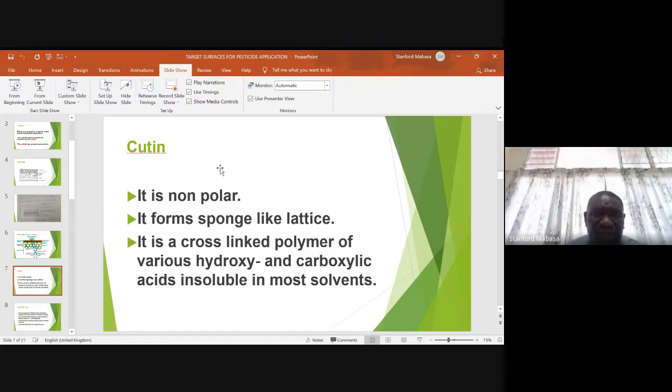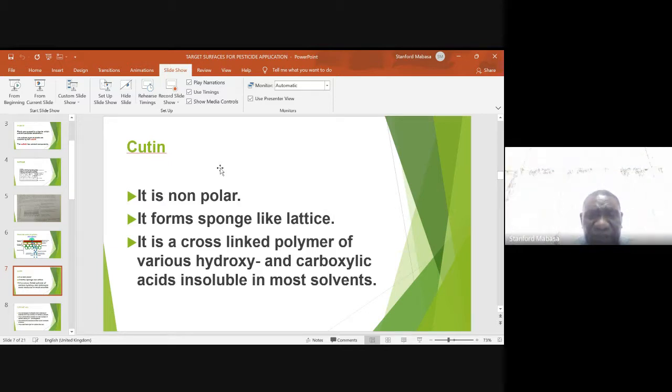It's also a covering. It is a cross-linked polymer of various hydroxy and carboxylic acids, insoluble in most solvents. So for a pesticide to pass through cutin, it has to dissolve this cutin, which is quite problematic.